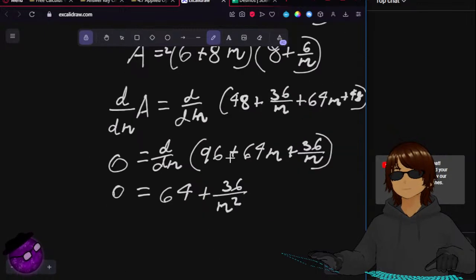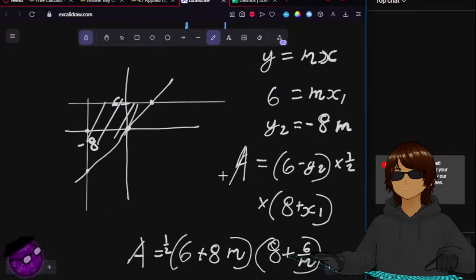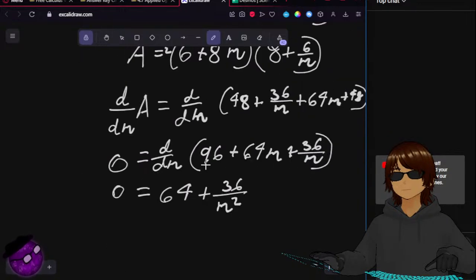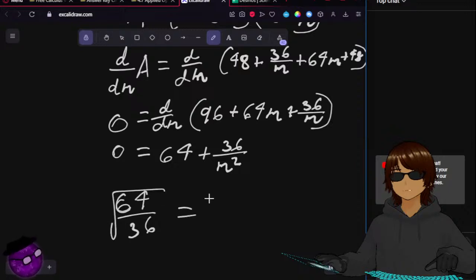There is something wrong. Minus 64. But I'm getting a minus though. I shouldn't be getting a minus.